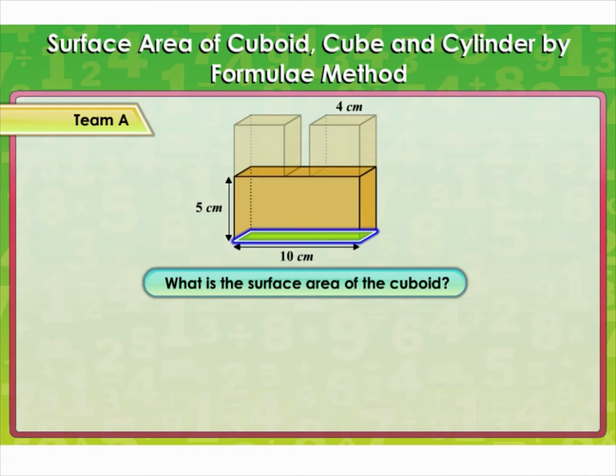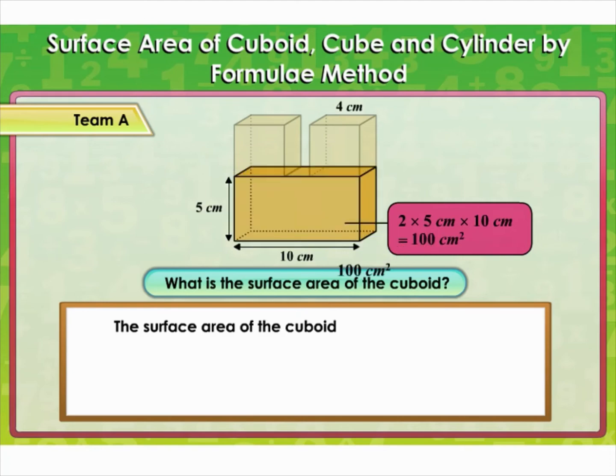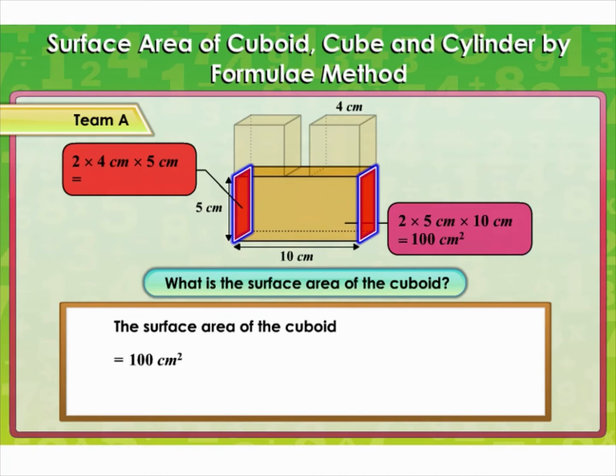Yes, 2 times 5 centimeters by 10 centimeters equals 100 square centimeters. 2 times 4 centimeters by 5 centimeters equals 40 square centimeters.